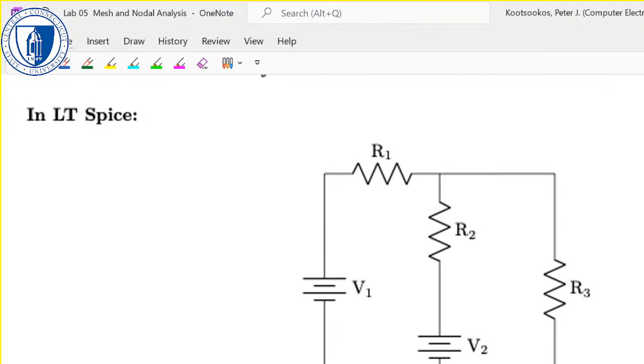So let's have a look at nodal analysis, right? Identify the nodes. We've got two freebies. VA equals V1. VC equals V2.